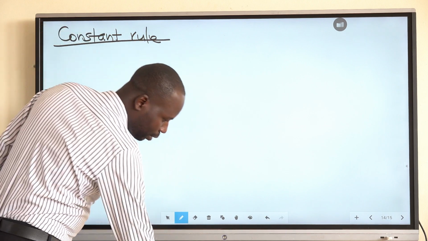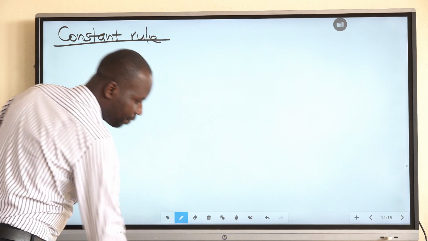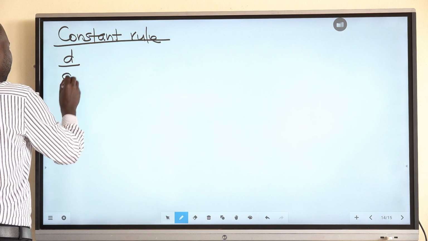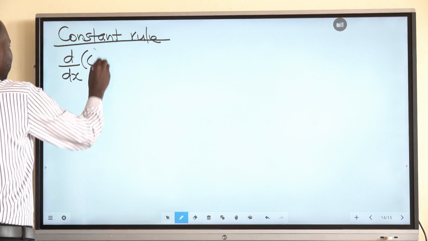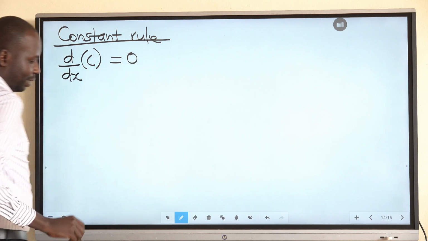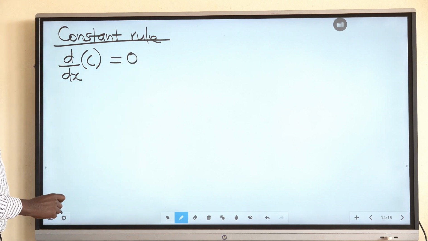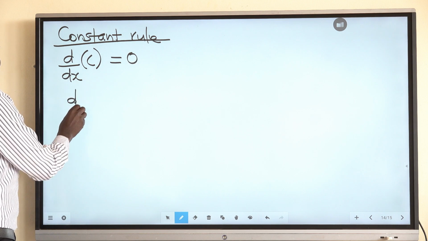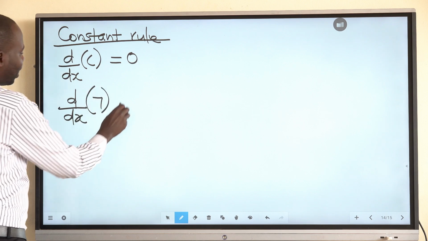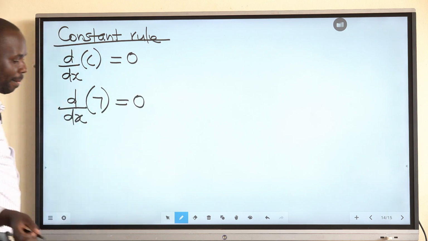Constant rule, also abbreviated as derivative of c, and it is always 0. For example, when you are told to differentiate or get the derivative of 7, the answer is 0.